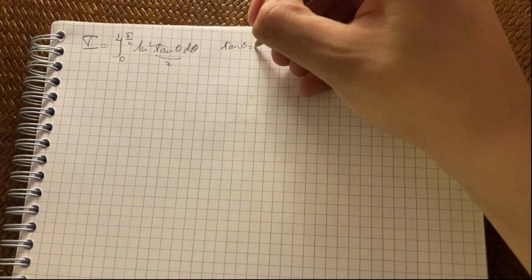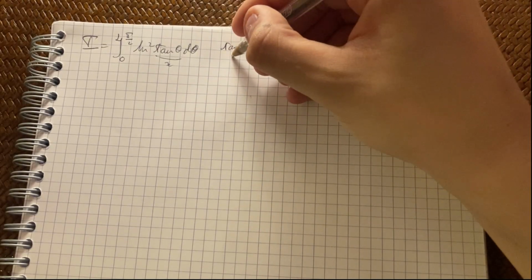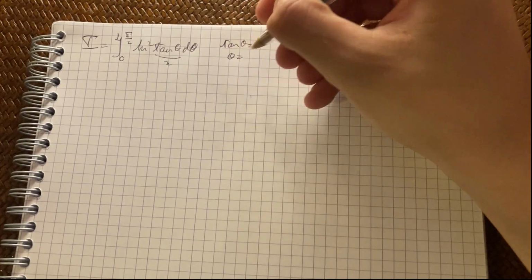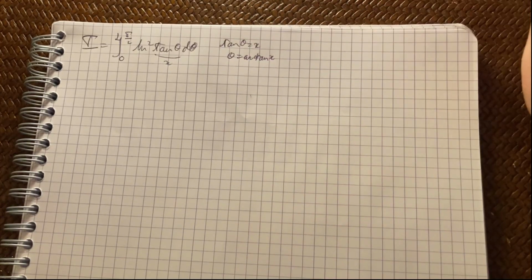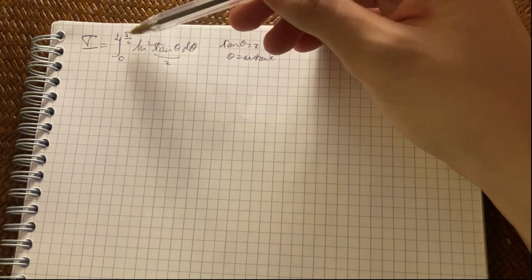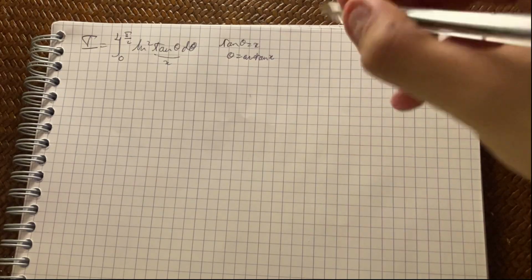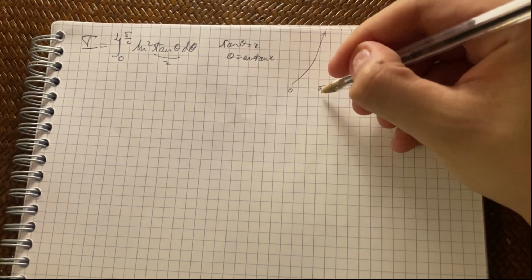Tangent theta equals x. We do the reciprocal. We have theta being arctangent of x. The substitution is valid because we have from 0 to pi by 2, so tangent is continuous. It looks this way, 0 to pi halves.